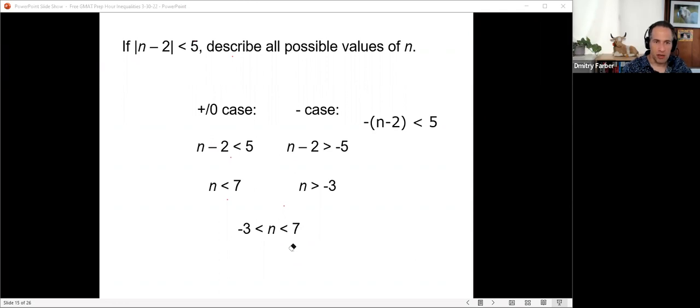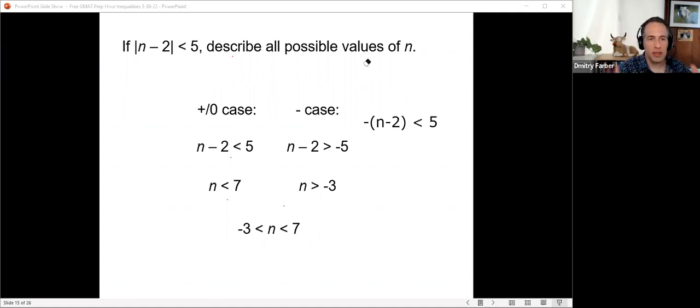N gets down to 0, 0 minus 2, now it's a negative value inside. N was positive, but n minus 2 is now negative. The absolute value of negative 2 is positive 2, we're still fine. It's once we get to n being negative 3, we take away 2 more, it's a negative 5, that turns to 5, that puts our limits.